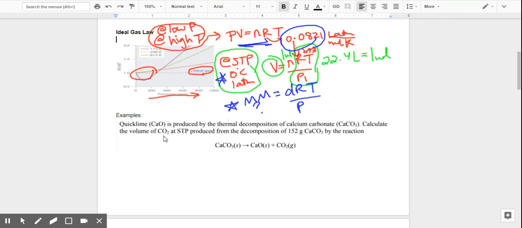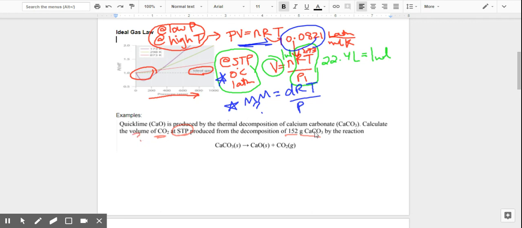Calculate the volume of CO2 at STP, this is a huge term right there, produced from the decomposition of 152 grams of calcium carbonate. So it gives us the balanced reaction. And basically what we want to do is convert 152 grams to volume of CO2.